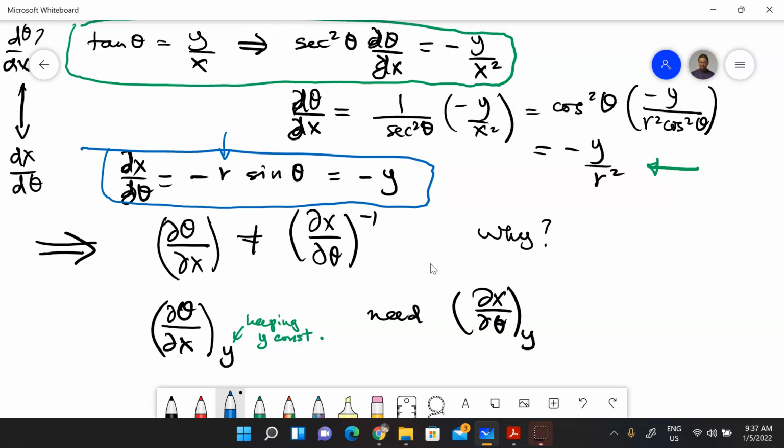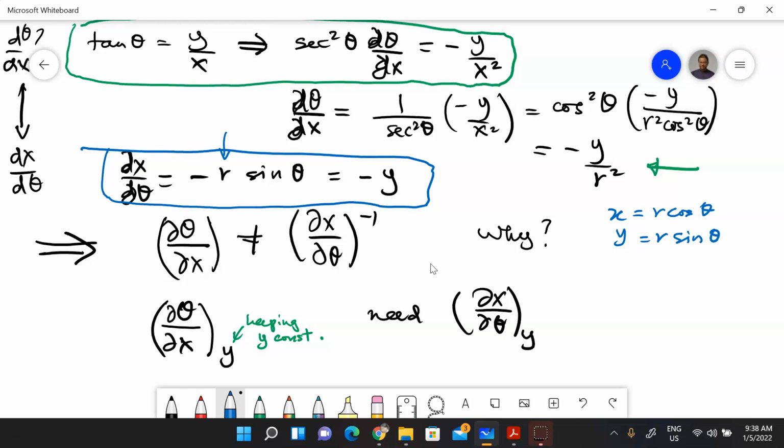What we do is re-express your x in terms of y and theta. Let's recall what we have: x equals r cos theta, y equals r sine theta.